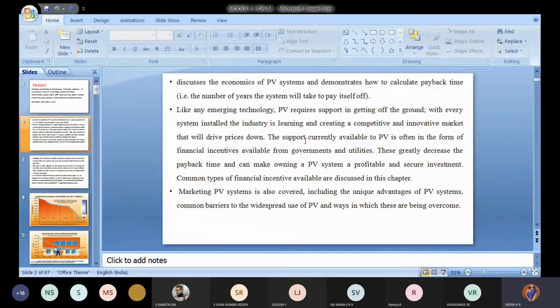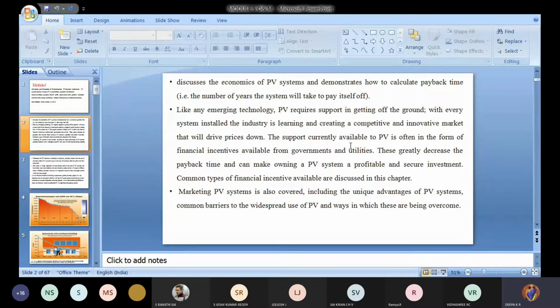And then the support currently available to PV is often in the form of financial incentives available from the governments and utilities. So in your PV system, the first thing is when you go for installation, particularly when it is installed and connected to the grid system, it is a huge amount. So we prefer it to be a financed system.